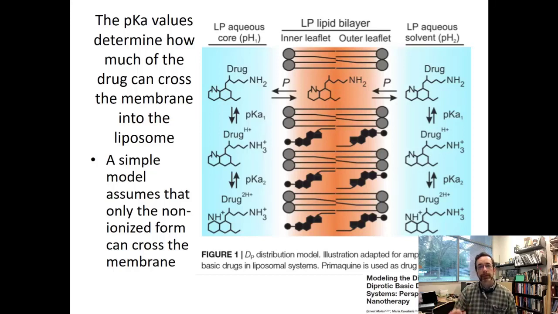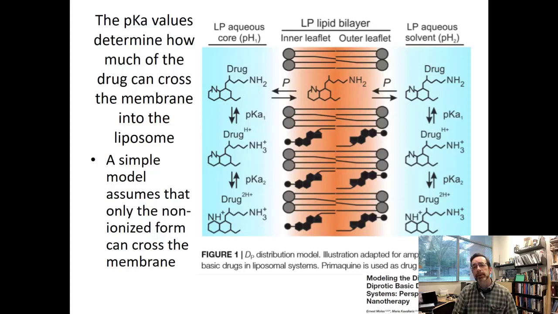You have the solvent outside the liposome. You have the core inside the liposome. Those are at different pHs. And you can have some form of ion trapping like we had at the beginning of this talk, where if you can have the pH such that the drug becomes non-ionized, it will then pass through the lipid bilayer, get inside, and adopt the charged form that goes with the pH on the inside of the liposome.